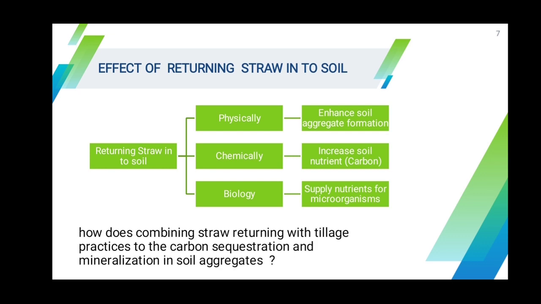To answer this question, Kan et al. 2020 compared the tillage practices including no tillage, rotary tillage, and conventional tillage. Let's go to the next slide to see those tillage practices' comparative results.